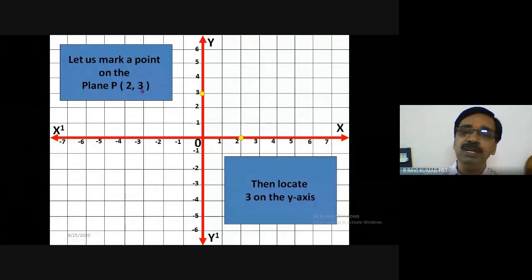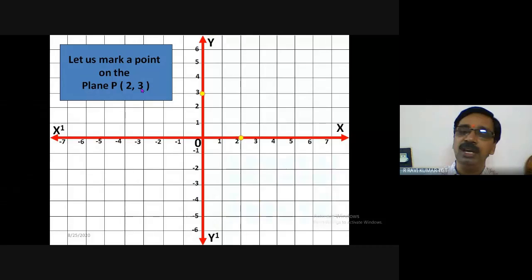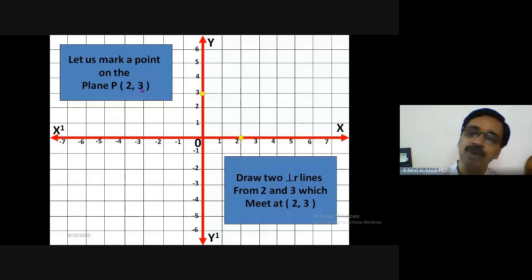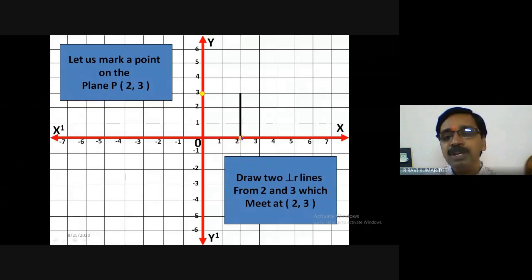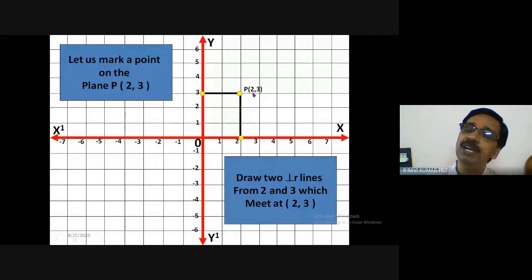So the distances will be taken like this. Check this demonstration. Draw two perpendiculars from the point. So the perpendicular distance is 3 units from the x-axis, that is the y-coordinate. And the perpendicular distance is 2 units from the y-axis, that is nothing but the x-coordinate. This is what I want to tell you.